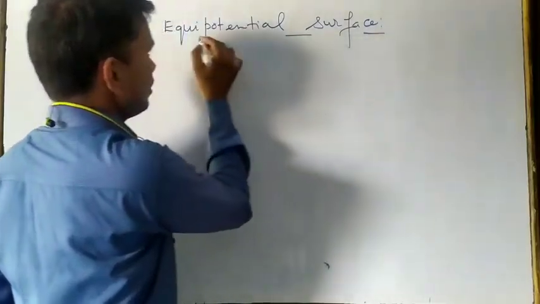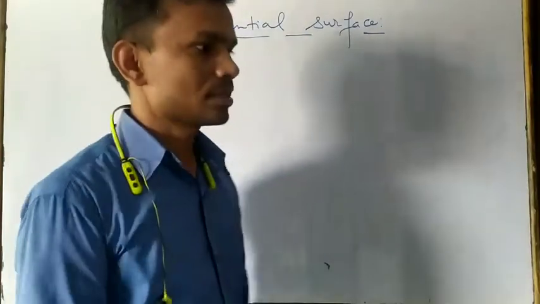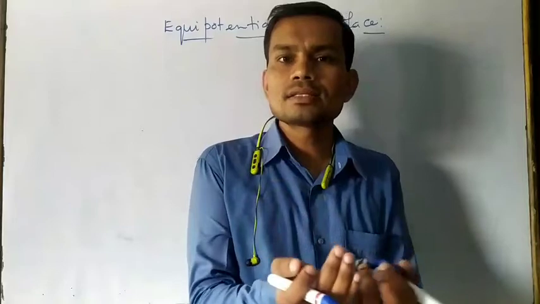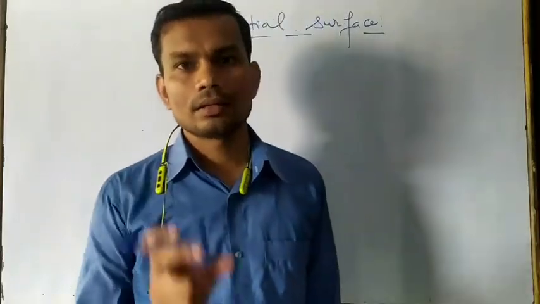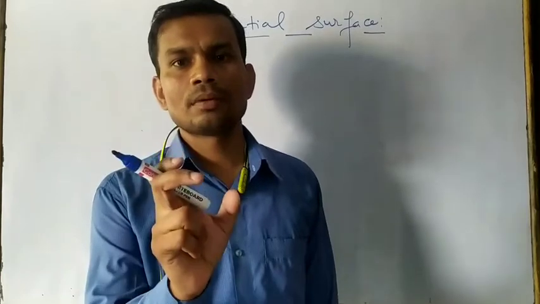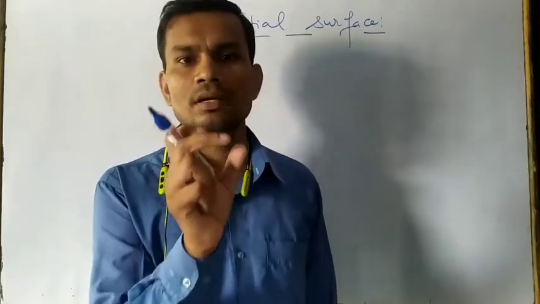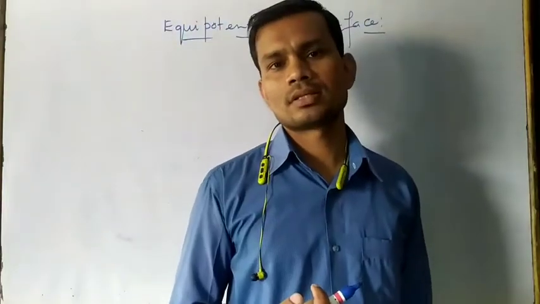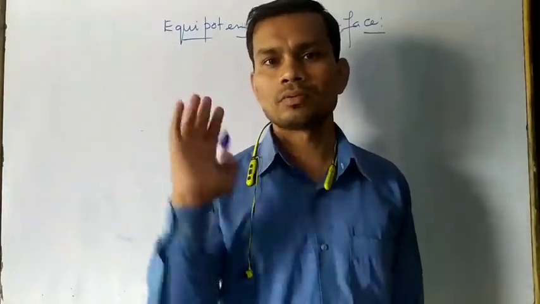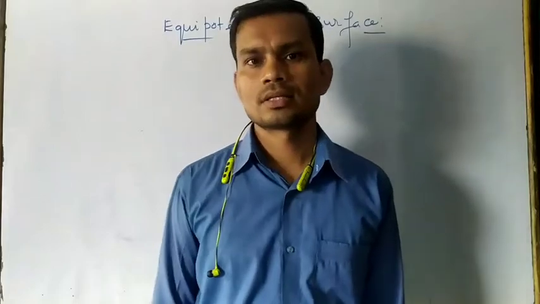So here you have to see what is the meaning of equipotential surface. It means you take any surface in an electric field, and if at each and every point on that surface the value of electric potential is the same, then that surface is said to be an equipotential surface.